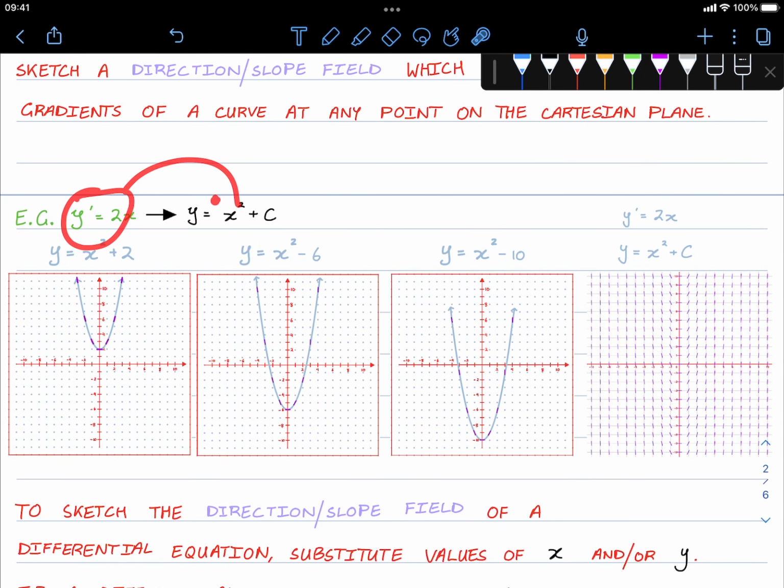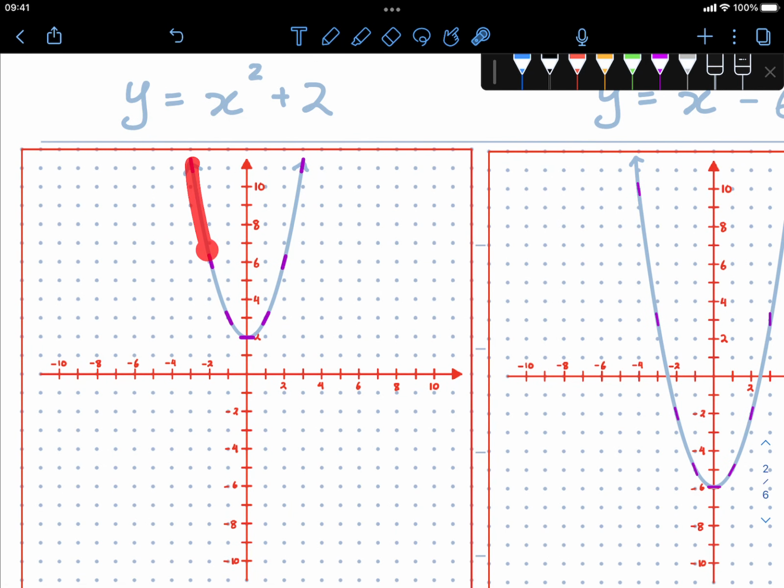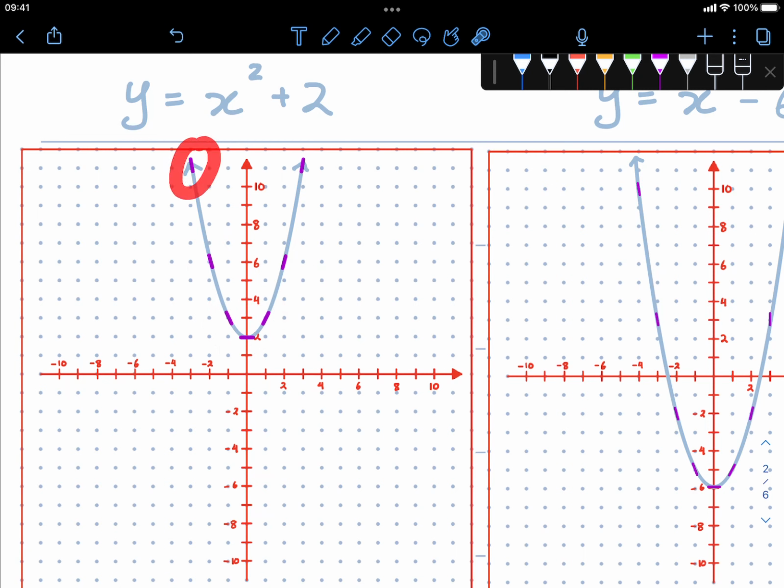if we were to integrate this, we get x squared plus c. So if we were to guess that c were +2, it would look something like this. And then I would sketch little tangents at points along the curve, like this. Okay, so this is the tangent at x equals -3.